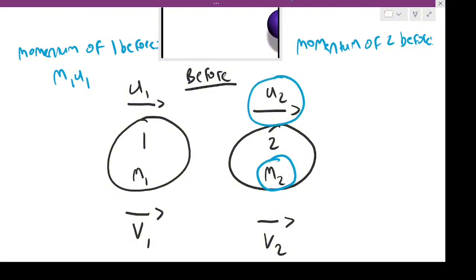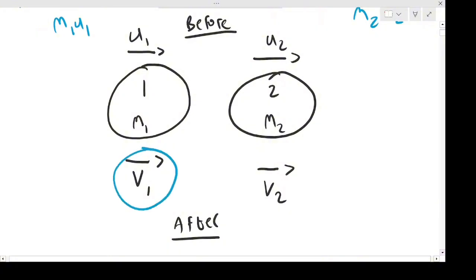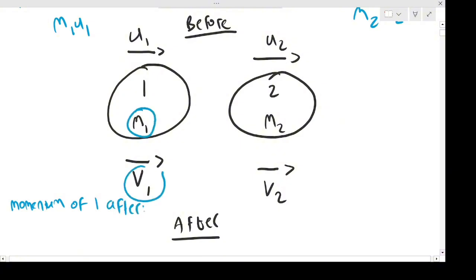It's m2u2. Then the momentum of the first one afterwards is going to be the mass m1 times the velocity v1, so it's m1v1.